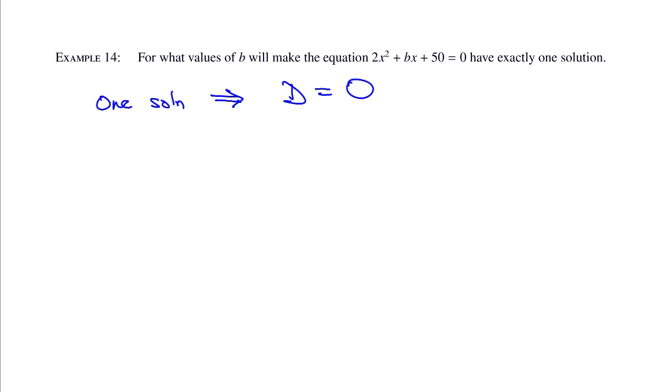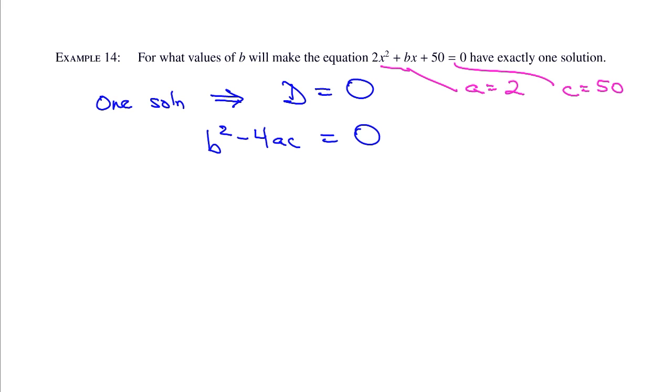Well, the discriminant is b squared minus 4ac, so that has to be equal to 0. From the quadratic, we know that the a is equal to 2, and the c is equal to 50. The b is what comes next. So we'll solve for the b. We have b squared minus 4 times 2 times 50.